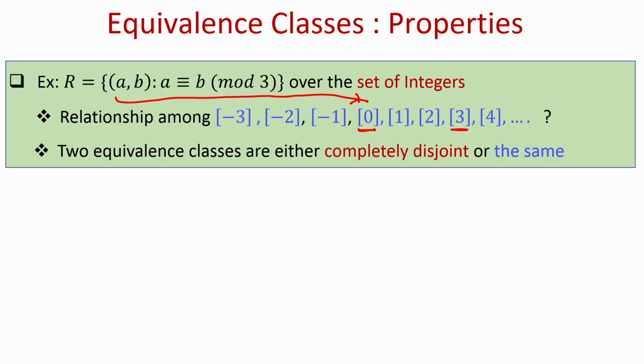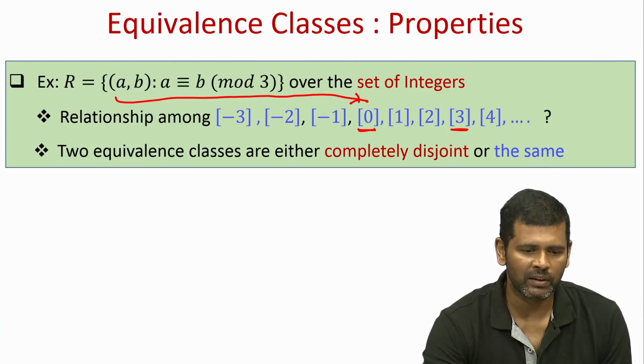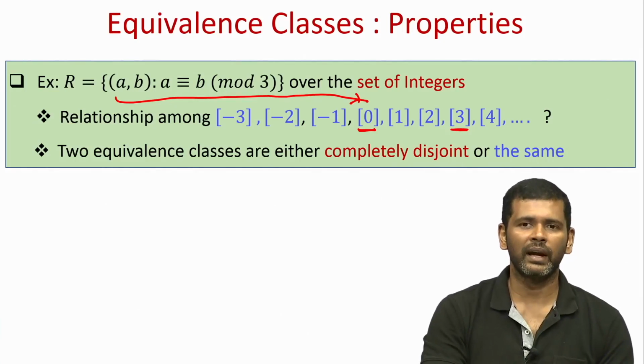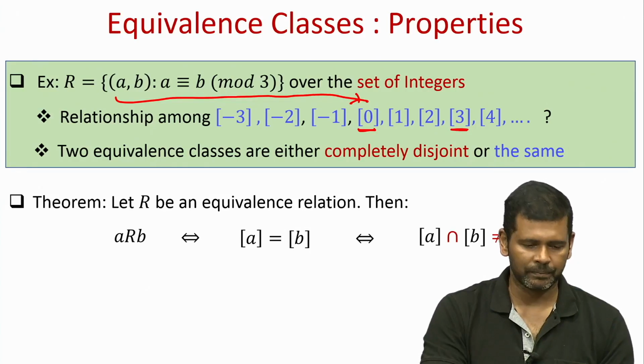So this property, that two equivalence classes are either completely disjoint or completely the same, does not hold only for this special equivalence relation; it holds in general for any arbitrary equivalence relation, which is a very interesting property.